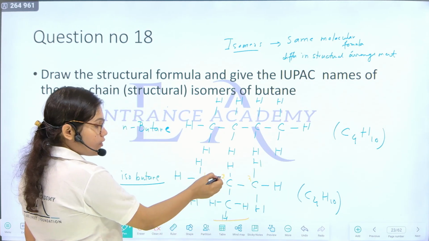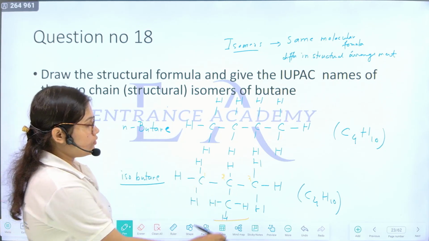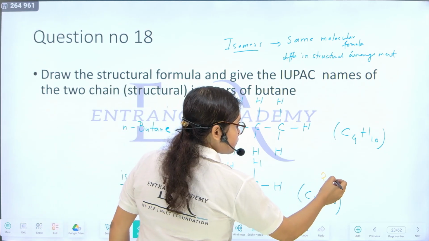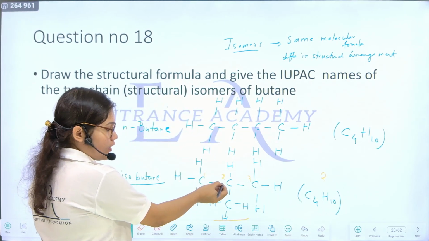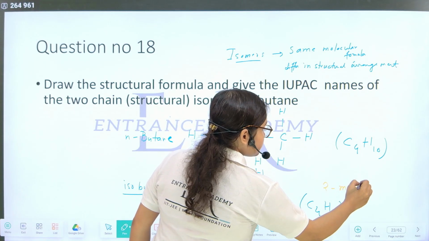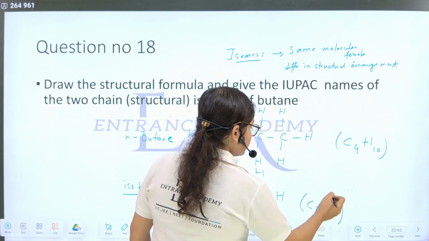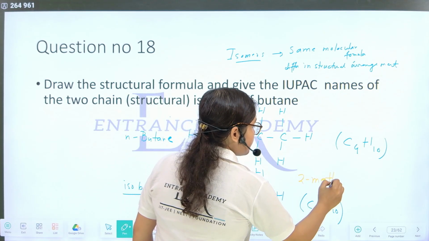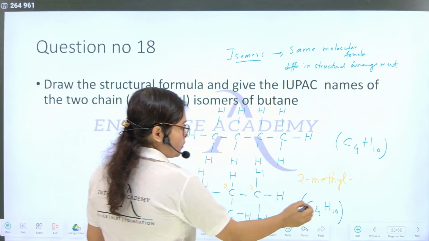Methyl group is present in the second carbon, so 2-methyl, and the root word is methane, ethane, propane.